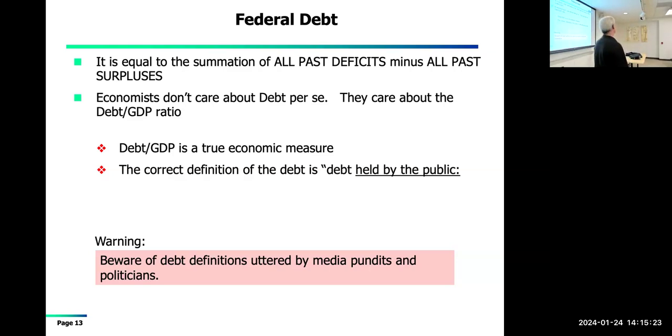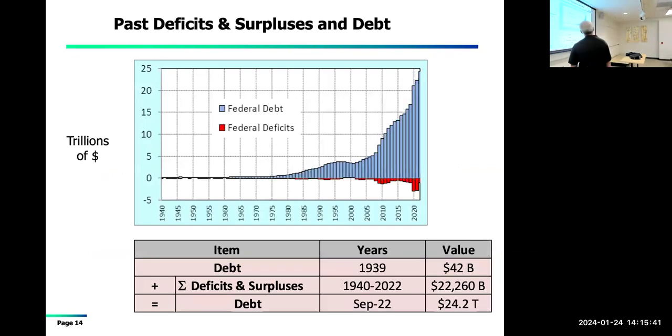Okay, now you're going to find out the following. Beware of debt definitions uttered by media pundits, not just on Fox News, also on CBS, MSNBC. They regularly misstate this number, and I don't know why. They don't at the Federal Reserve.